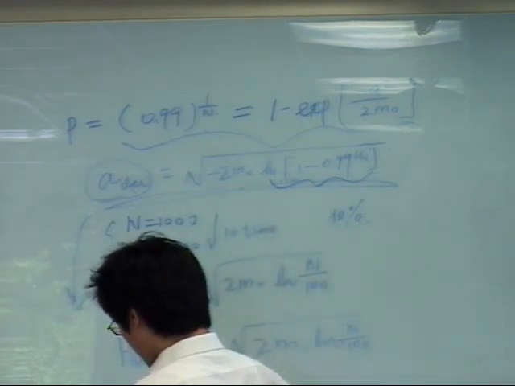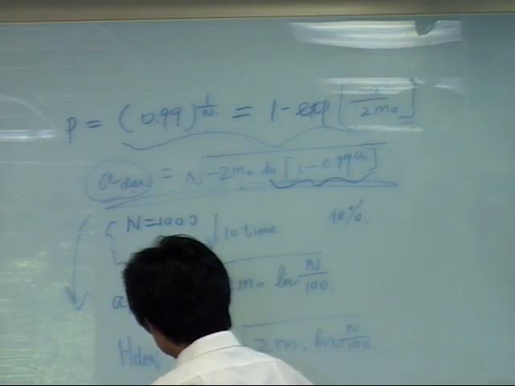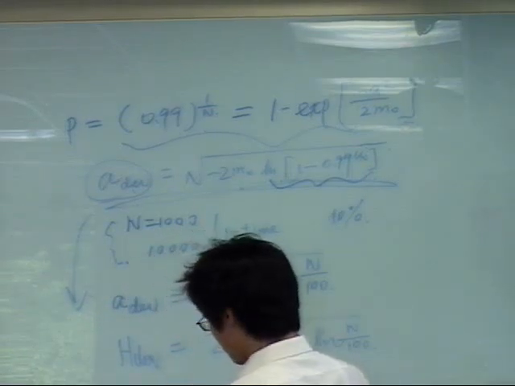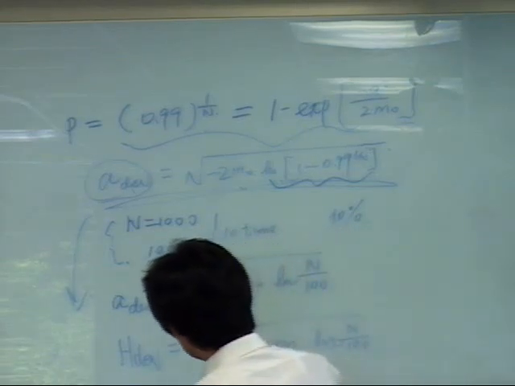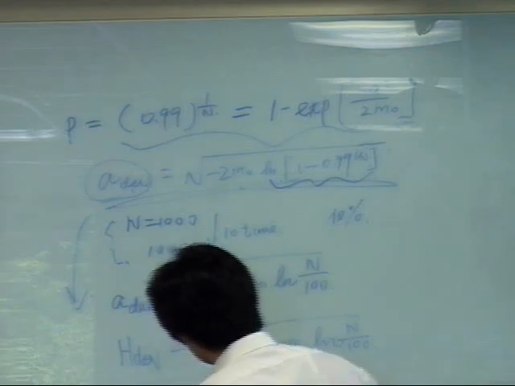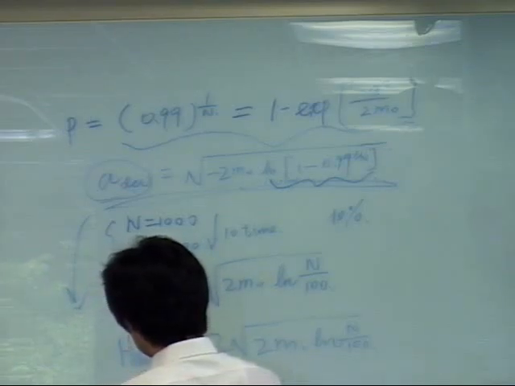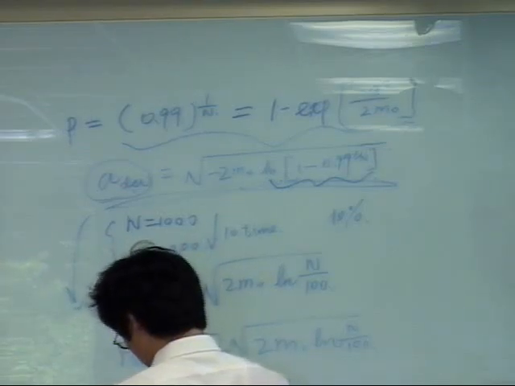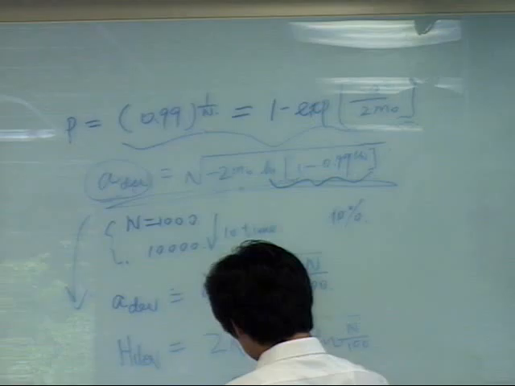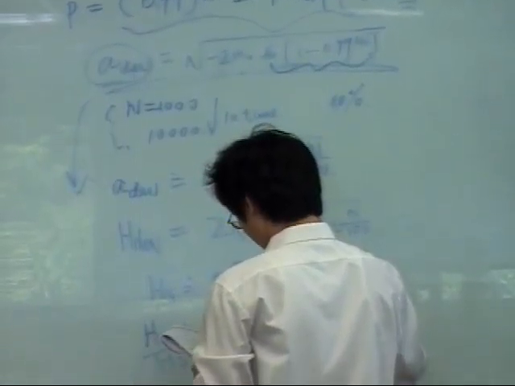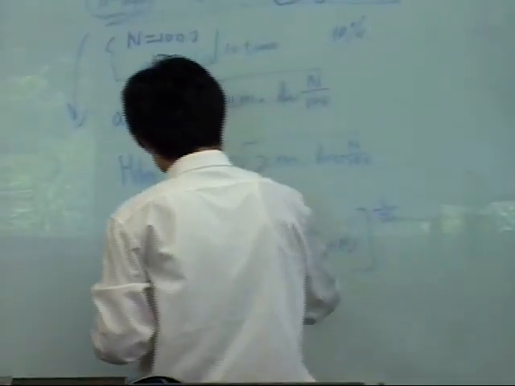Since we know the significant wave height is approximately 4 times the standard deviation, we can find the ratio of design value over Hs is approximately the square root of this.